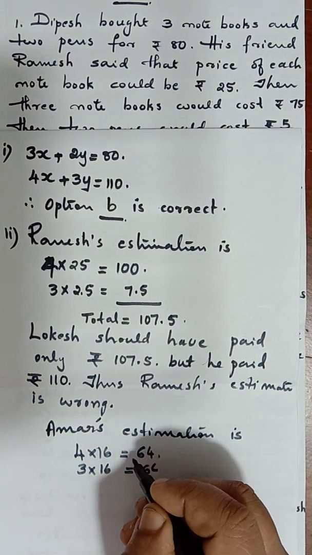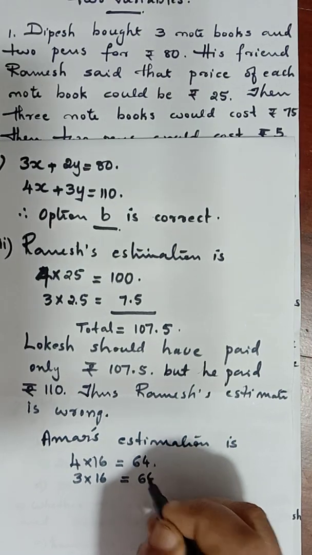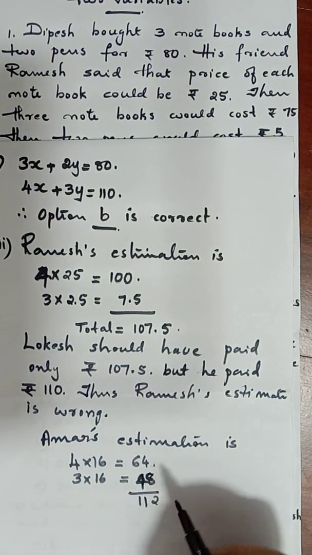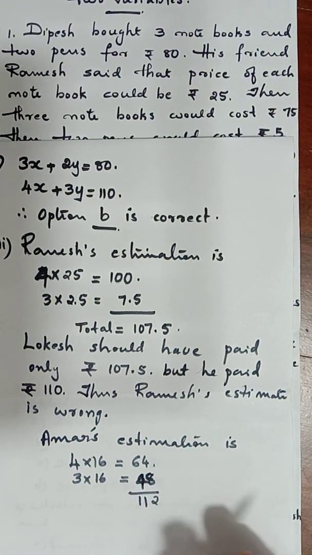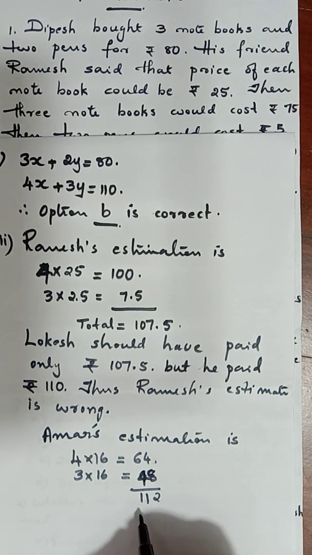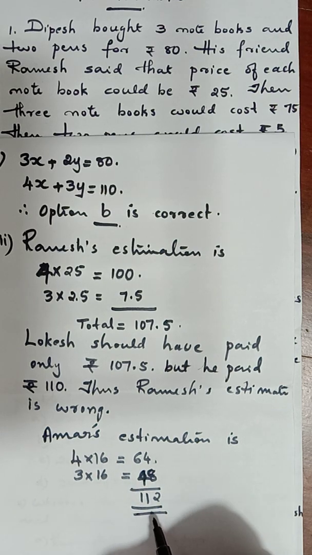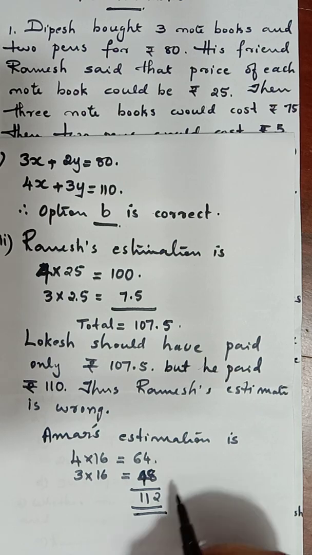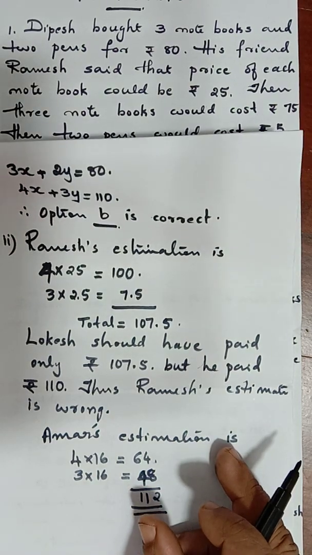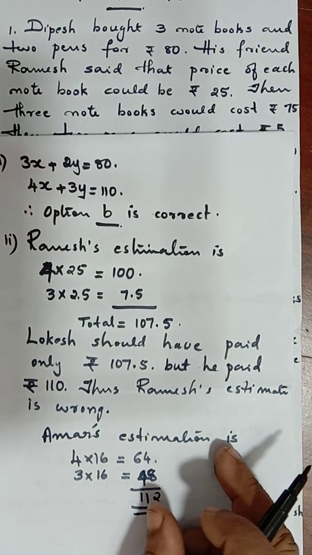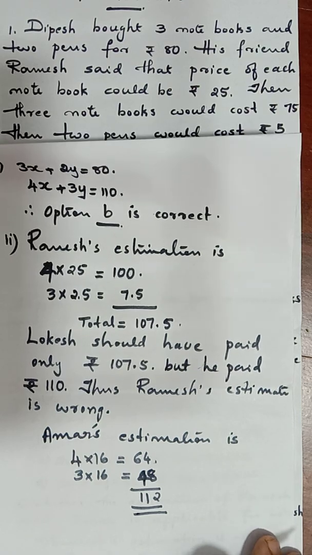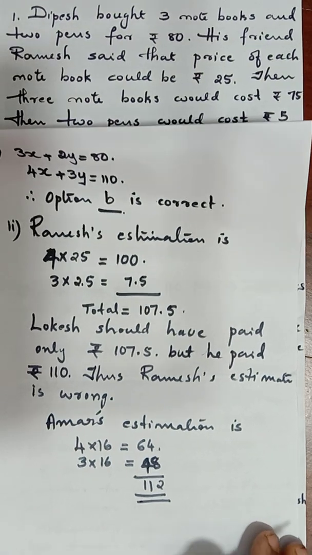Here it comes 3 into 16. Okay, it's very simple. 3 into 16, 48 we are getting. So the total amount is rupees 112. But according to Amar's estimation, the total should be only 112. But how much has he paid? He has paid rupees 110 only. Lokesh paid 110 only. So Amar's estimation is also wrong.